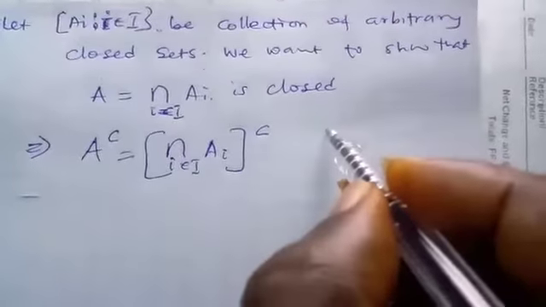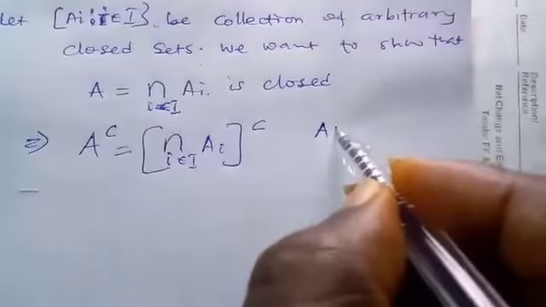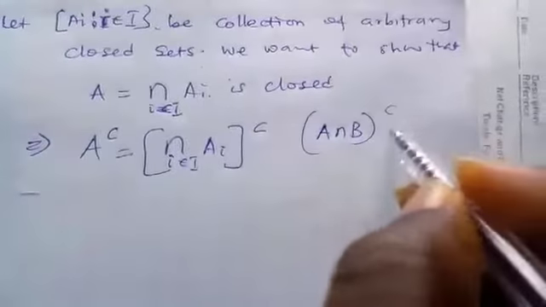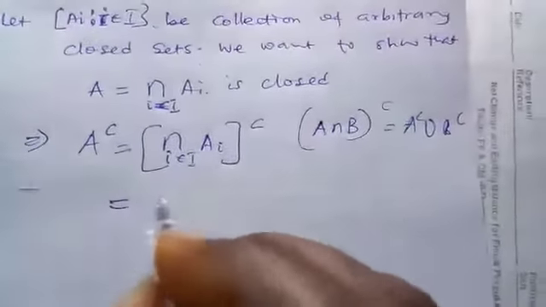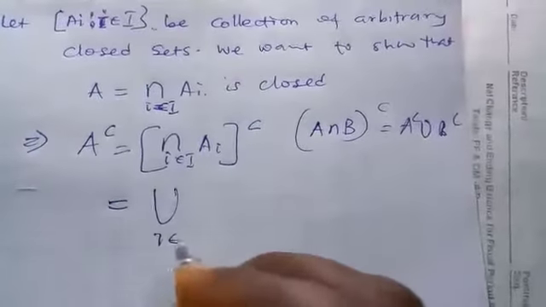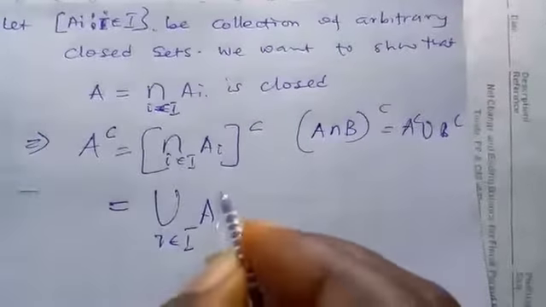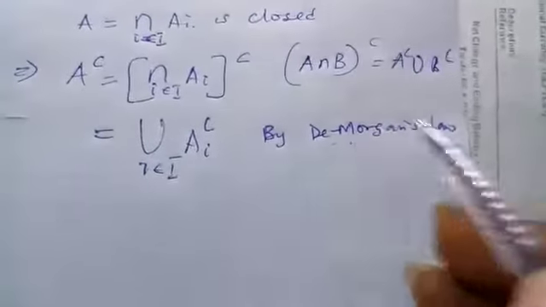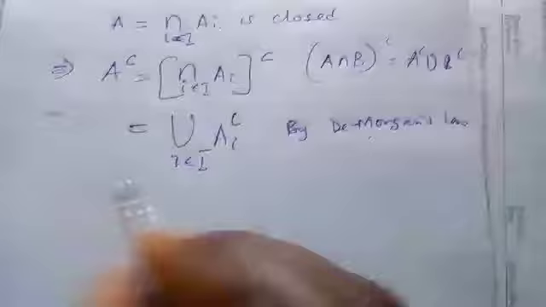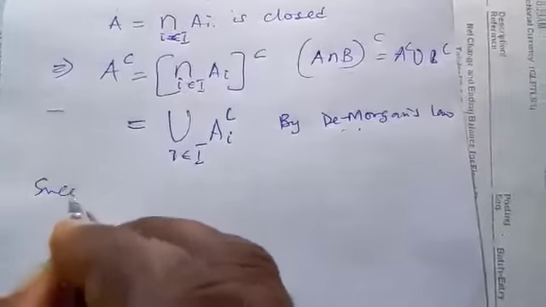Remember from De Morgan's law, the complement of A intersection B is A complement union B complement. So this thing will become the union over i of A_i complement. That is by De Morgan's law.